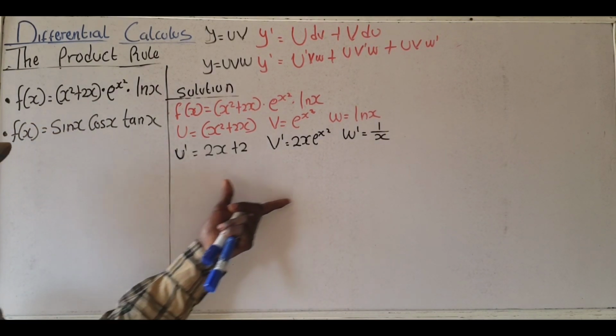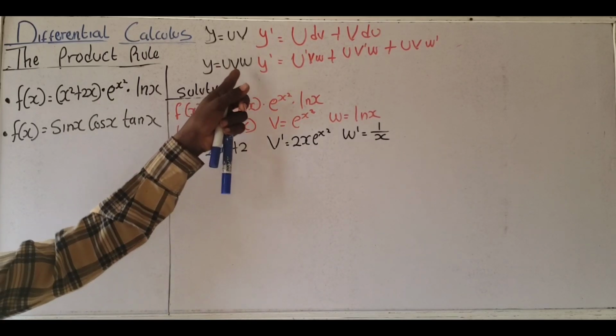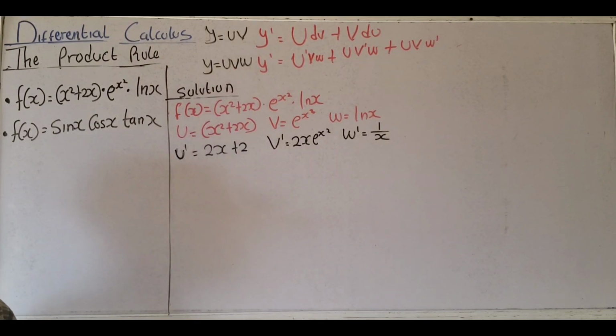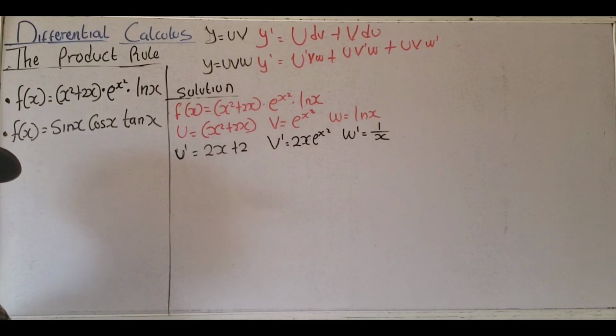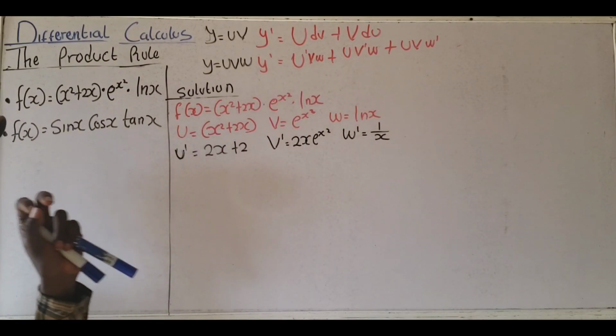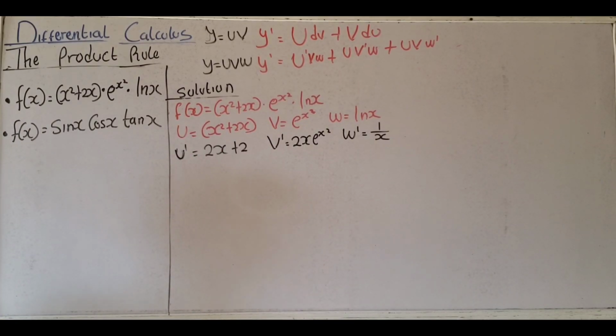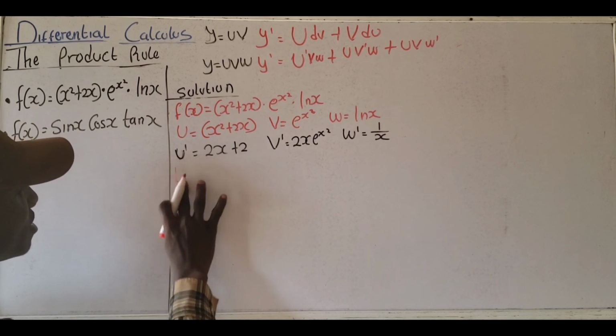Now, having differentiated the three terms, we can now use the product rule formula for three parts. You understand what I'm saying? This has three parts. All you have to do is take the derivatives first. Having done that, you go back to this rule and simplify it.